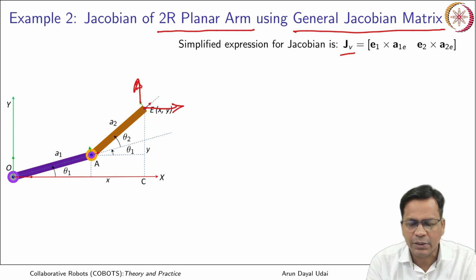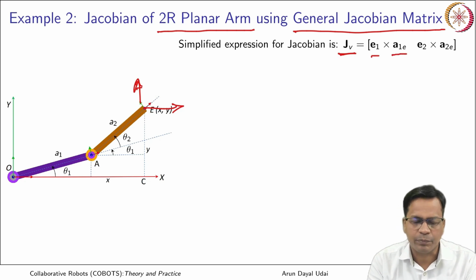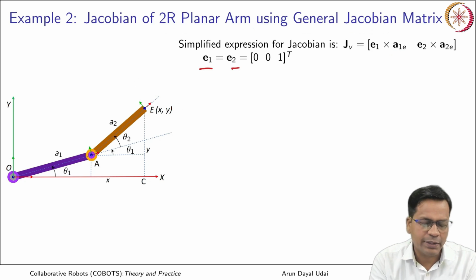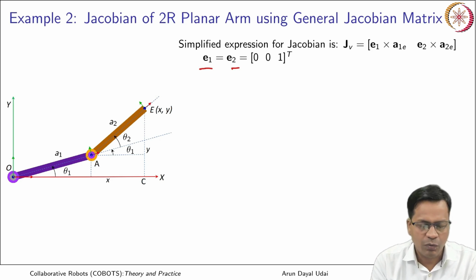So we'll consider just the Jv component of the Jacobian. So that is EI, AI, E type. So E1 and E2, that is the axis vector, will be along z axis only, because all the joint axes are along z axis, so that is over here, it is perpendicular to the plane of this paper.